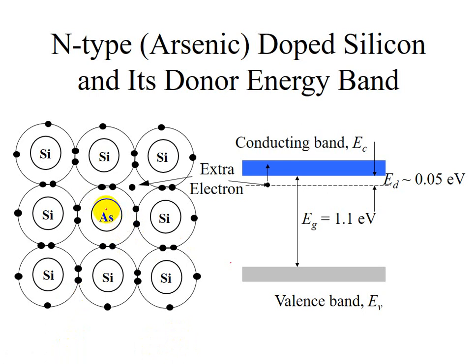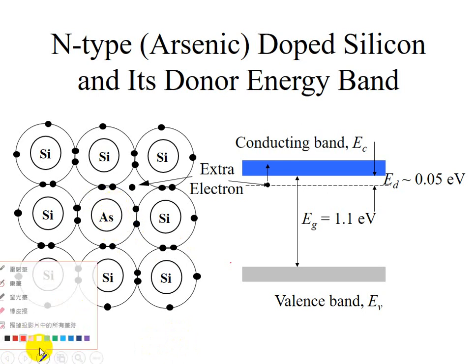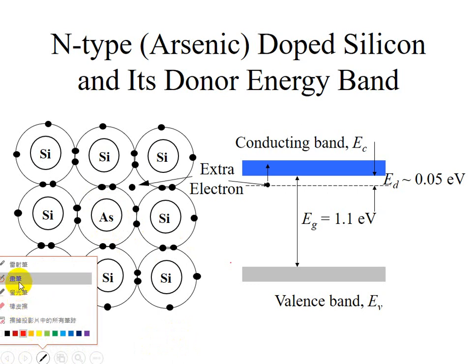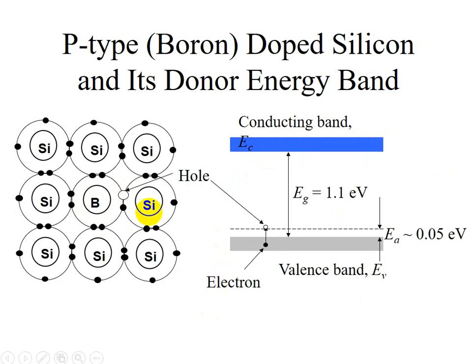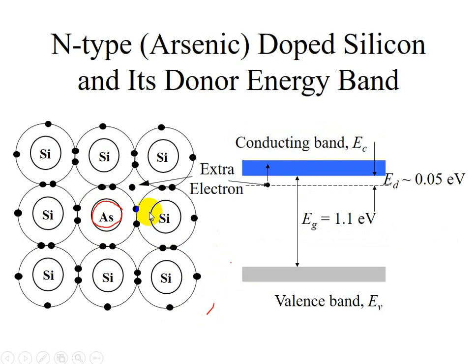Your center atom here being replaced by arsenic atoms. And remember that arsenic has 5 outer electrons. So it will come up with 1 extra electron here.